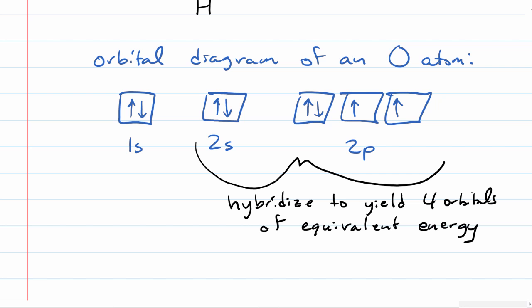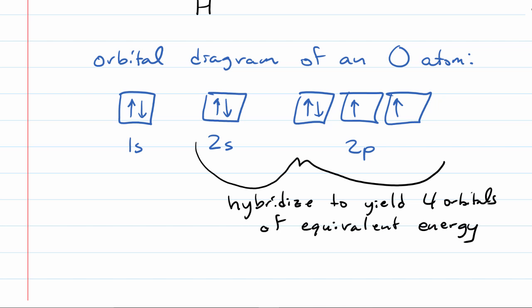Now, if you think of what hybridize means in biology or genetics, what does it mean if you hybridize something? A hybrid takes on traits of both parents. Okay? So the same is true when it comes to orbitals. When these hybridize, they take on some traits of each. And so if you remember the shapes of the orbitals, they look something like this. We have s orbitals, which have the shape of a sphere, and we have p orbitals, which have the shape of a dumbbell.